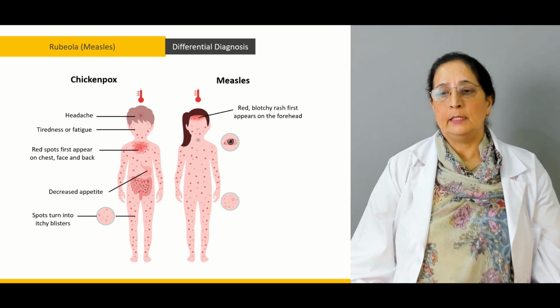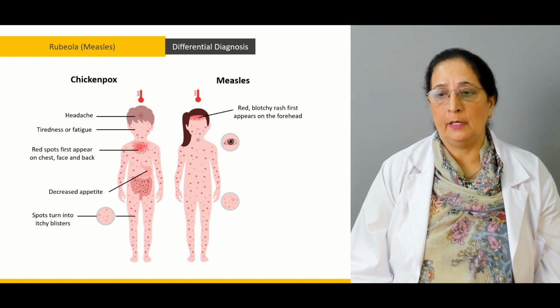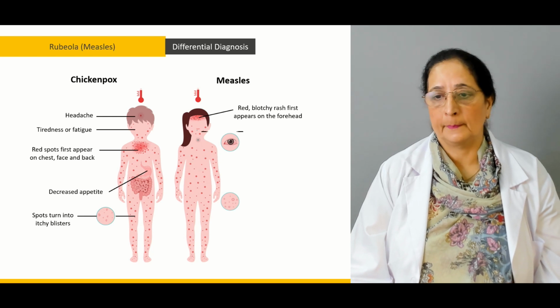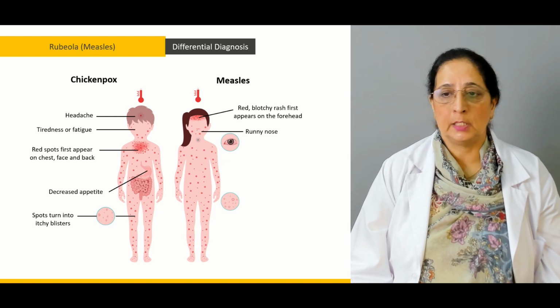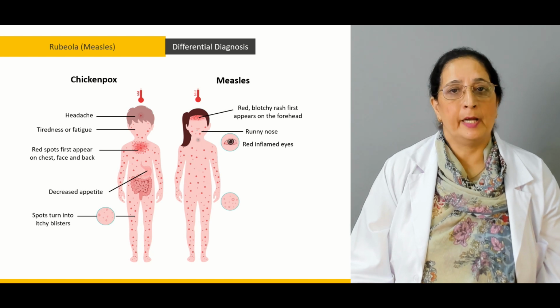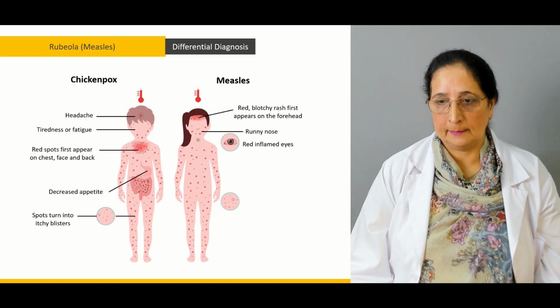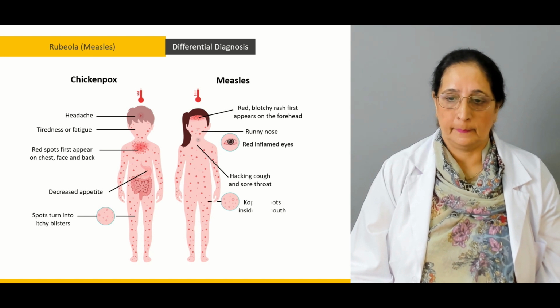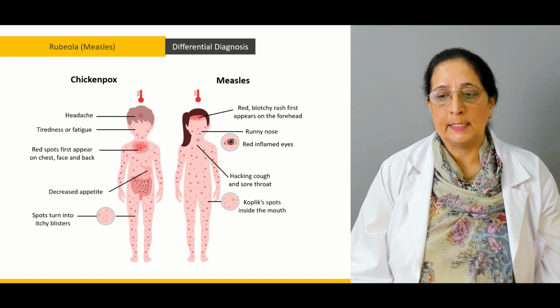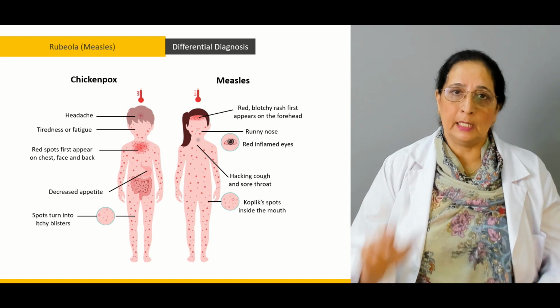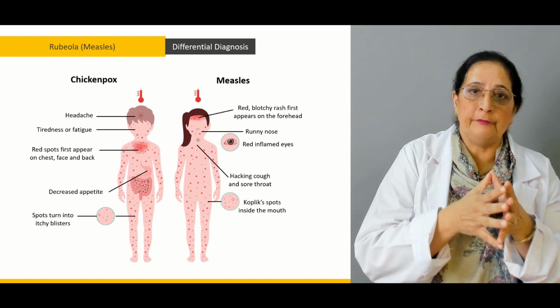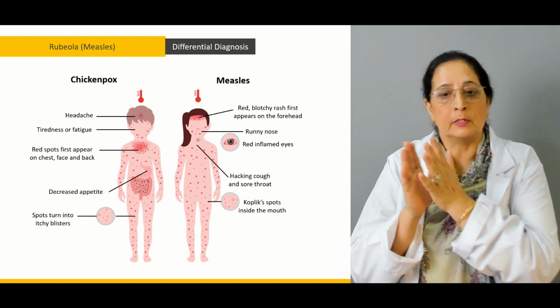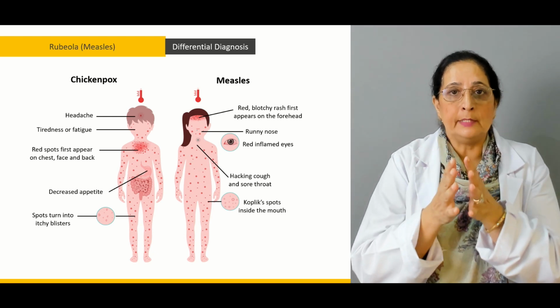In measles, the rash first appears on the forehead, with runny nose, red inflamed eyes, hacking cough and sore throat, and Koplik spots inside the mouth. So these are very important differentiating features between chickenpox and measles, which are closely related.